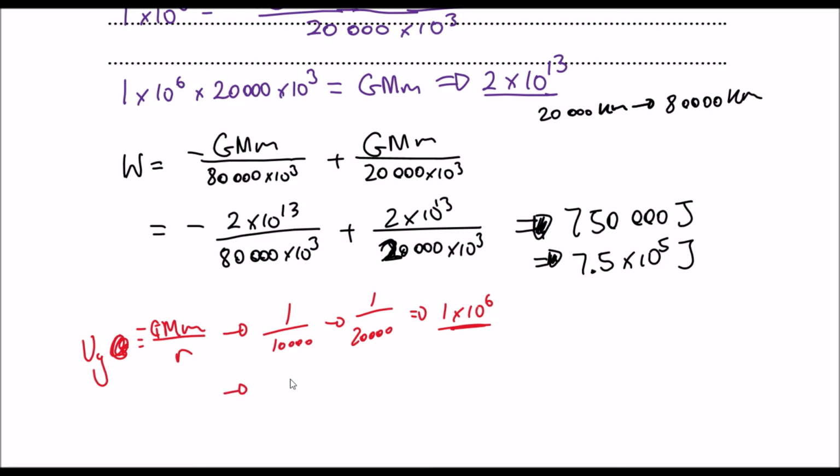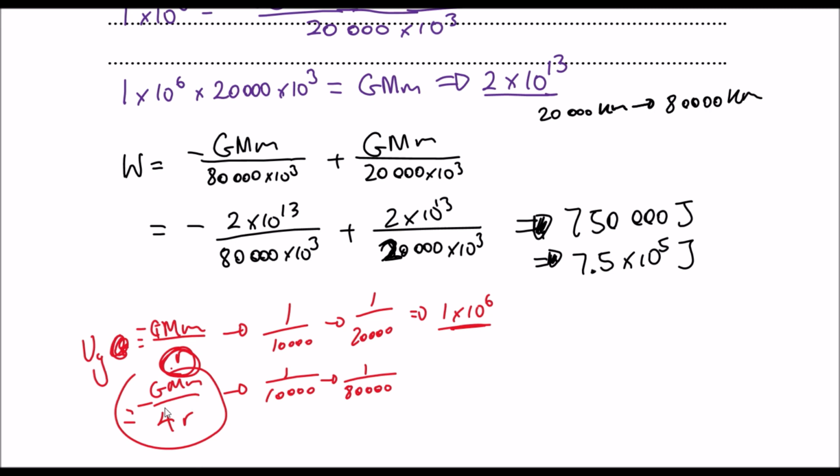If we look at the next scenario, here we see the distance increase is 4 times as much as what we have here. If we see an increase by 4 in the denominator of GMm over r, that means the amount of work we did was a quarter.